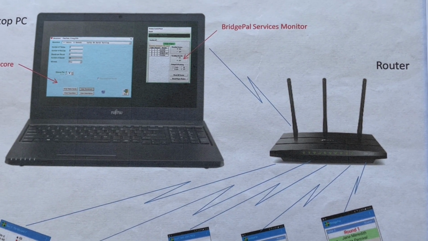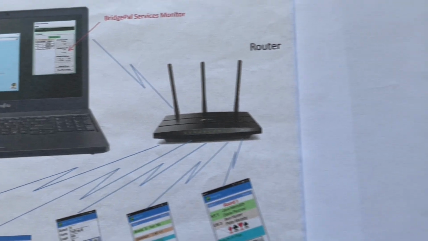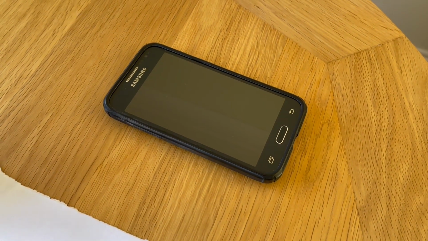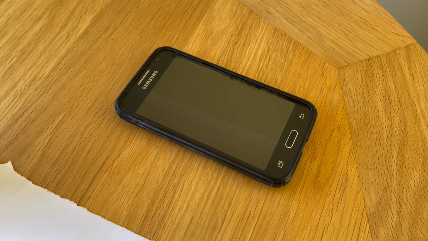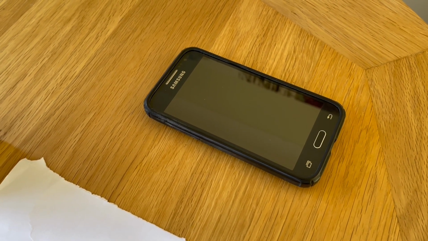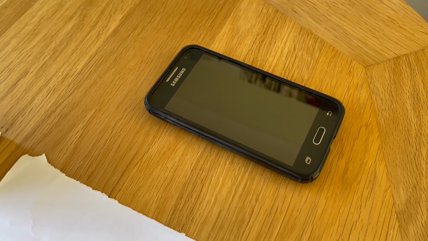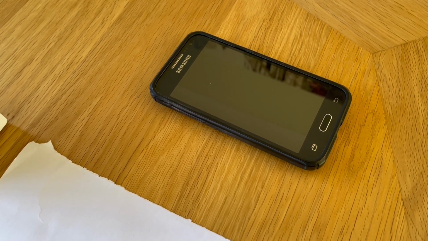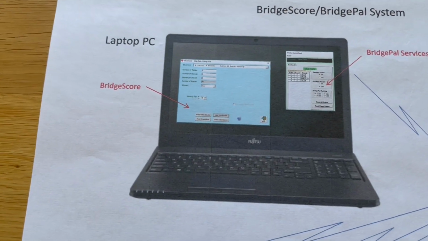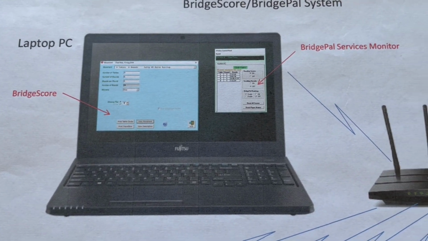If that internet connection is not available, we can often use a smartphone, and a smartphone has a facility called hotspotting to connect its data network on the internet to our laptop PC directly.